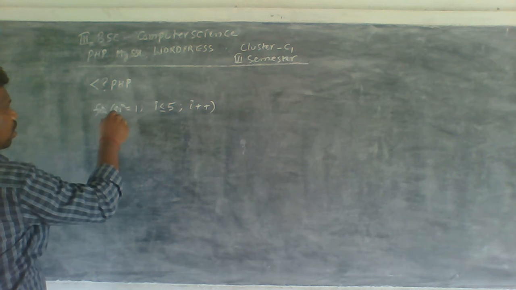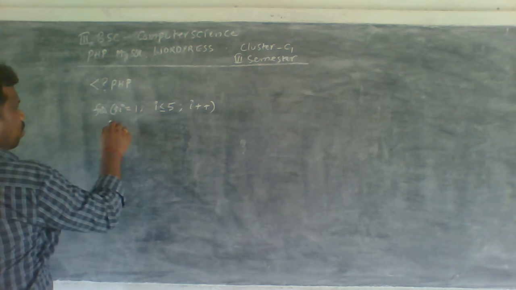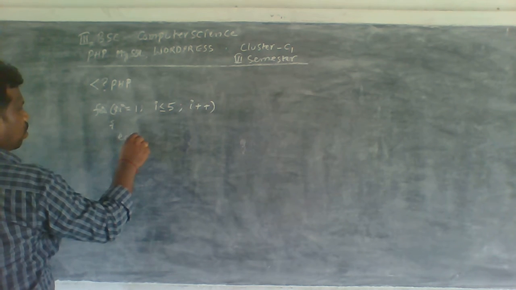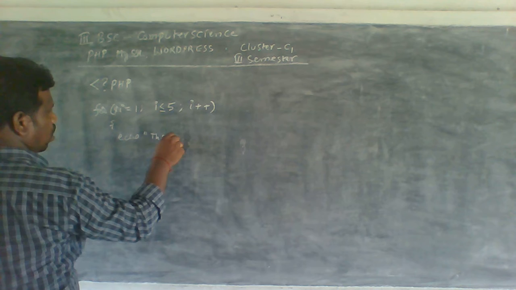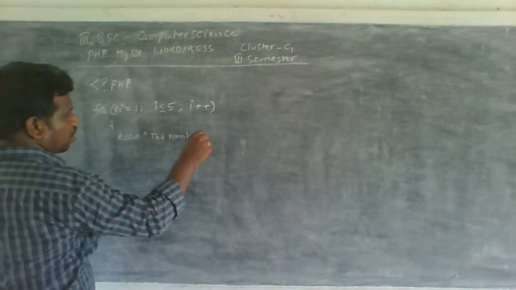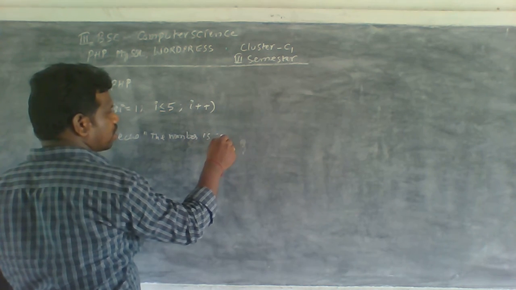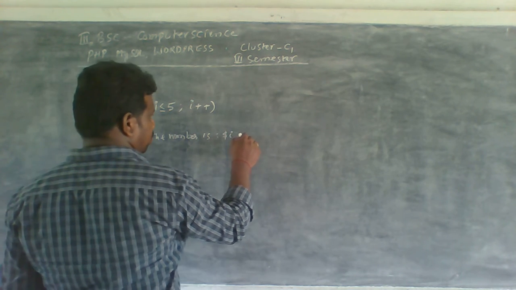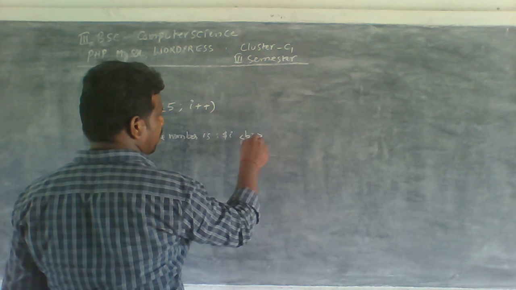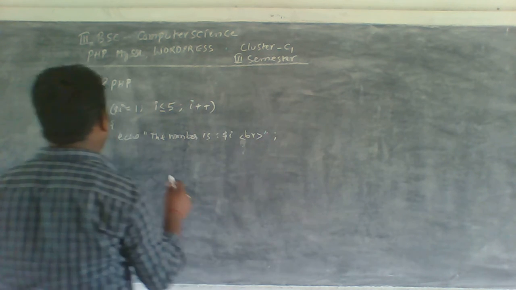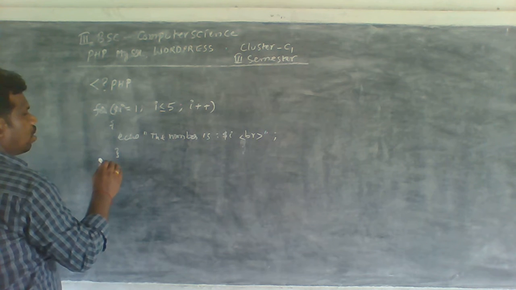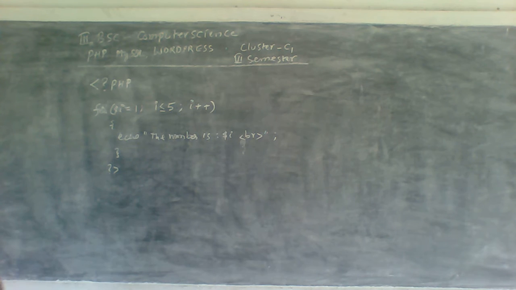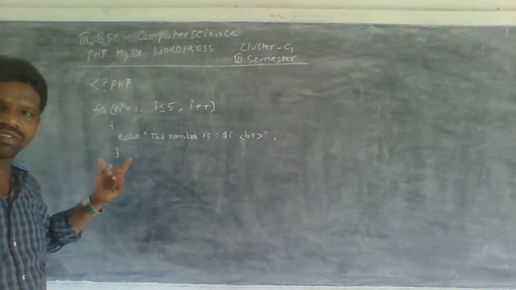In the statement we print using echo, "the number is", then a dot and i, and we place a BR tag. Then we close the braces and close PHP using the closing tag.